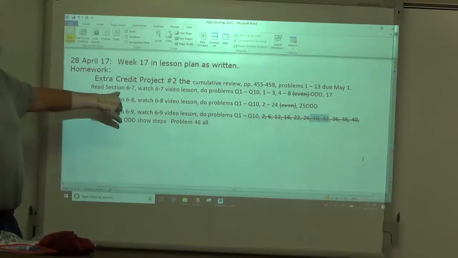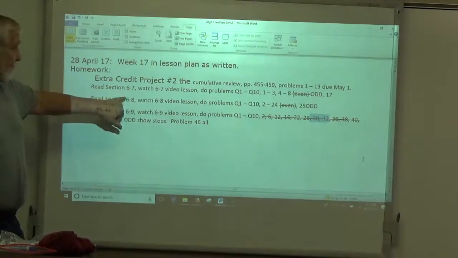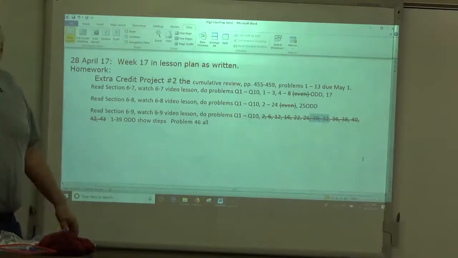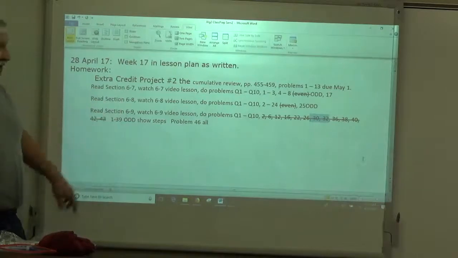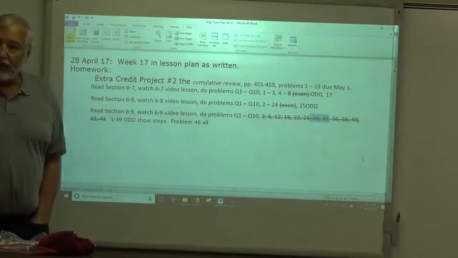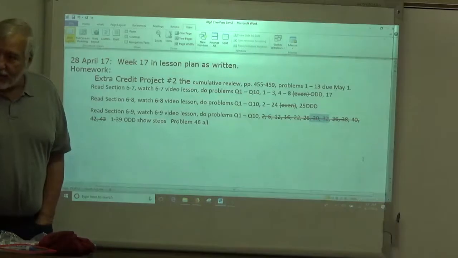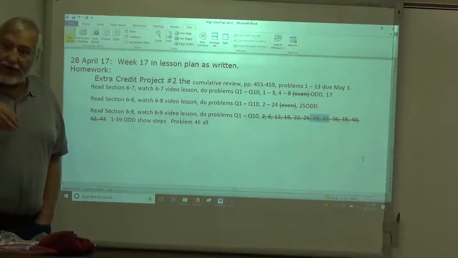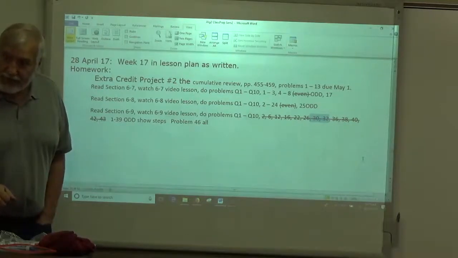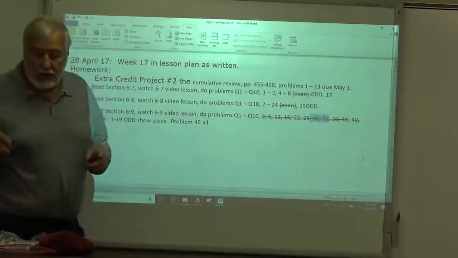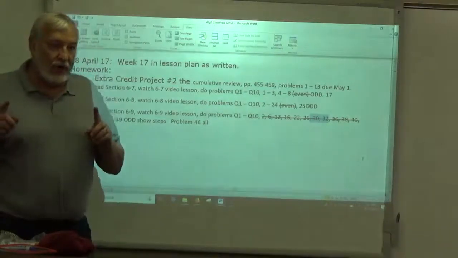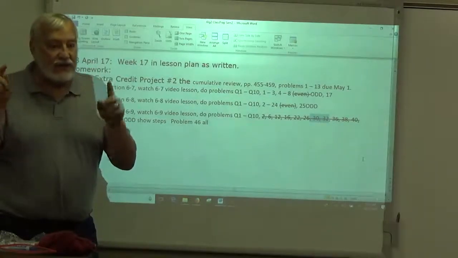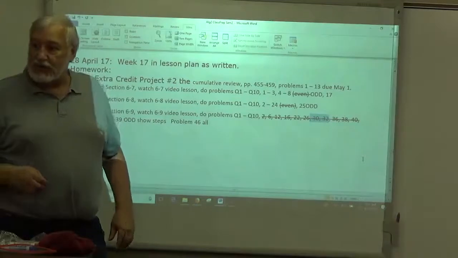Now, in the sections that you're assigned for homework this week, you're going to be doing 6-7, 6-8, and 6-9. Because you have already done the even number problems when we went through this the first time, I am going to make an assignment on the odd number problems. The way that Forrester writes the book, the two problems that are next to each other, one odd and one even, have the same function as far as what is being tested.